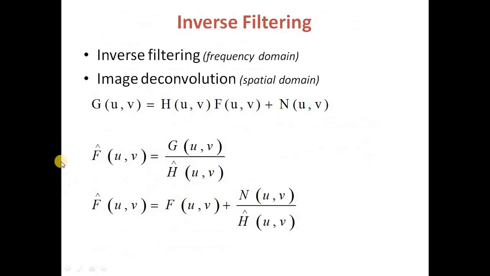So once we have an estimate of the degradation function that we can obtain by any of the three methods that we have discussed, that is, estimation of the degradation function by image observation, estimation by experimentation, or estimation by mathematical modeling, whatever method has resulted in the degradation function being estimated, our sole aim for estimating the degradation function is to use it for image restoration.